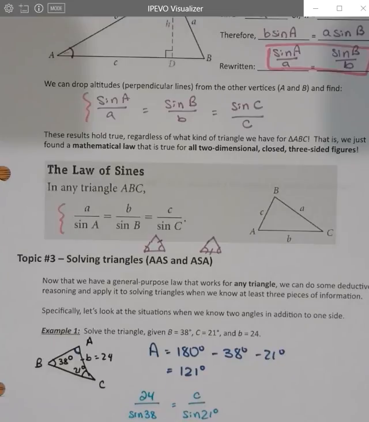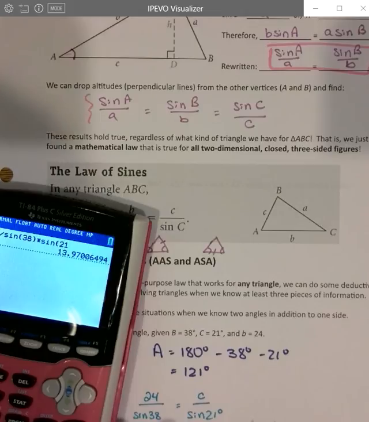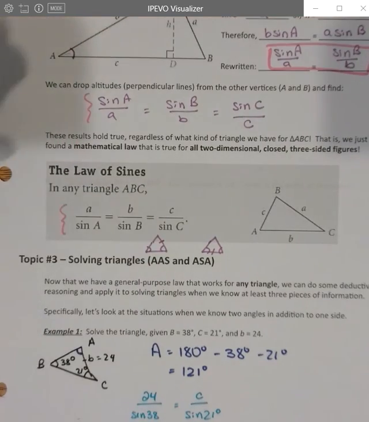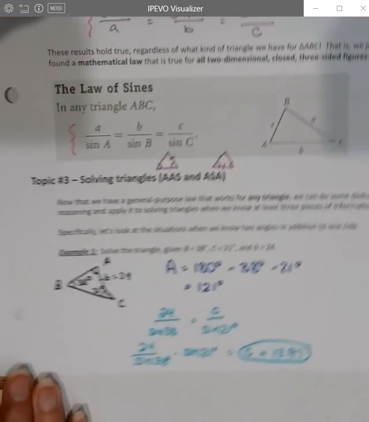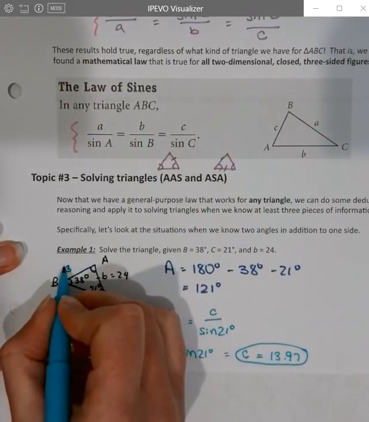Using our calculator, 24 divided by the sine of 38 times the sine of 21 gives us a little c value of 13.97. So we can write that in here as well.